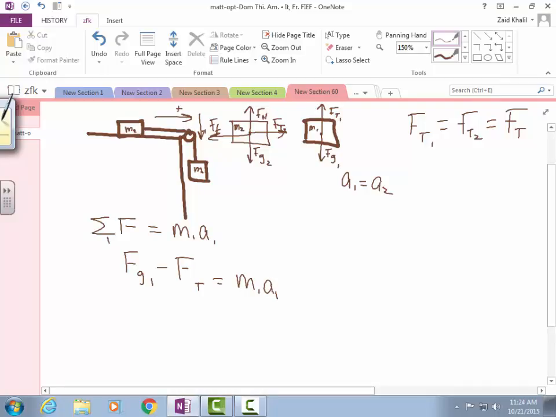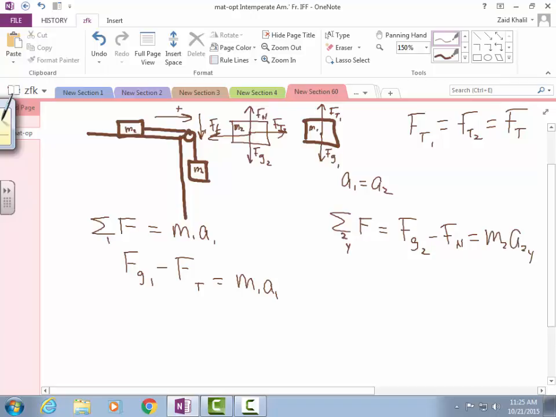And then what do we have for M2? We have two sets of Newton's laws, one for the y direction, one for the x direction. In the y direction, what do we have? So net force on body 2 in the y direction is going to be Fg2 minus Fn, and that's equal to m2a2y.